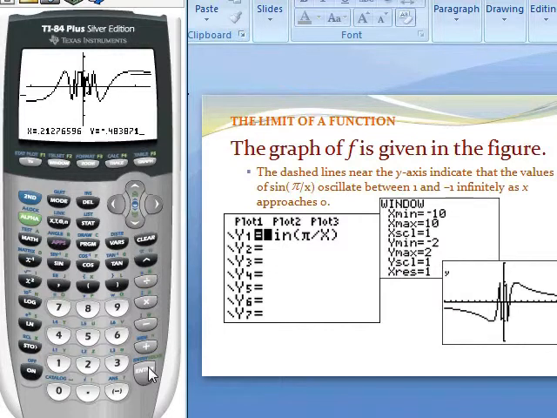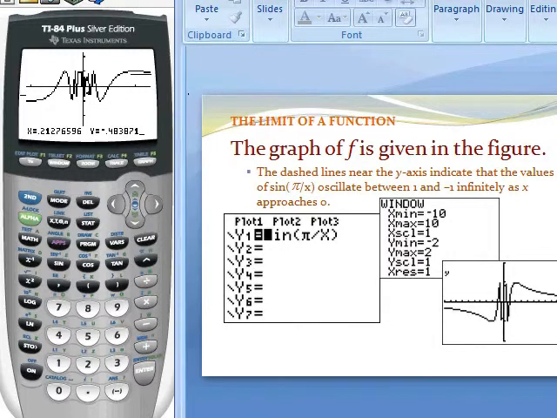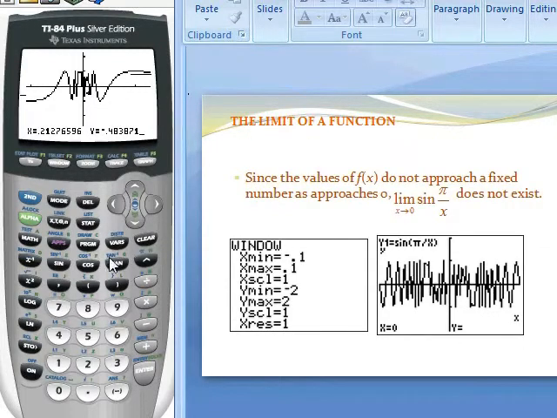That's kind of interesting. Let's zoom in a little more. You can either change the window with the window, or you can zoom in or zoom box in. Which one do we want to do right now? I will do zoom box right around here.